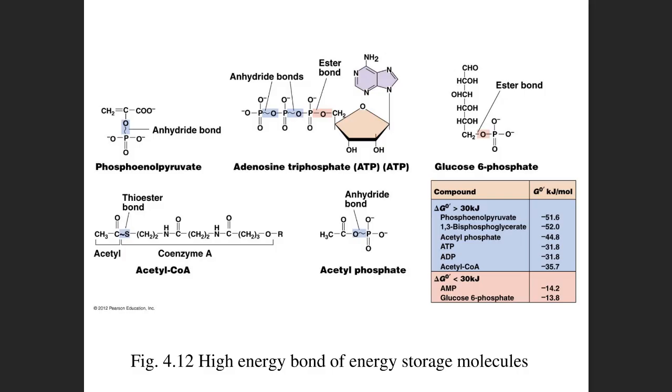So the energy generation is very important. We just talked about how to use the proton gradient to generate energy, but there are other ways of generating ATP, though not very much. First of all, you need to understand where most of the energy is coming from. Okay, so these are the high energy bonds.